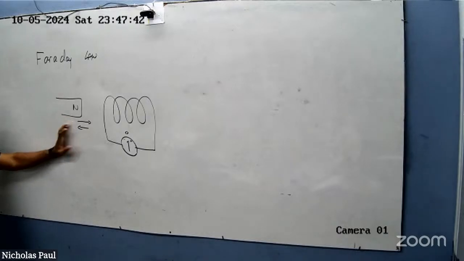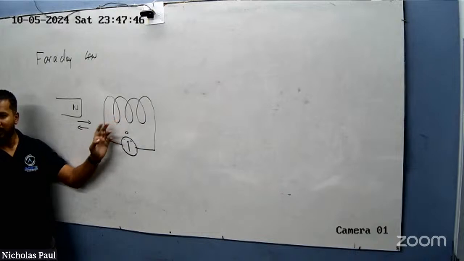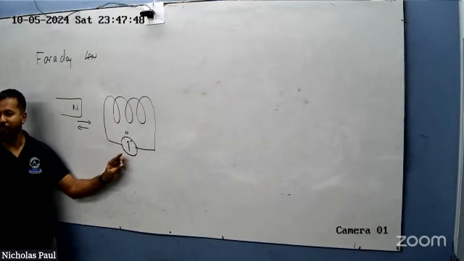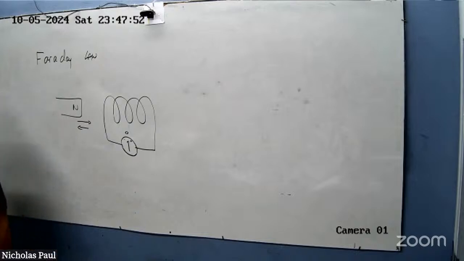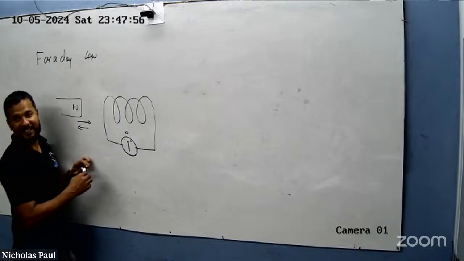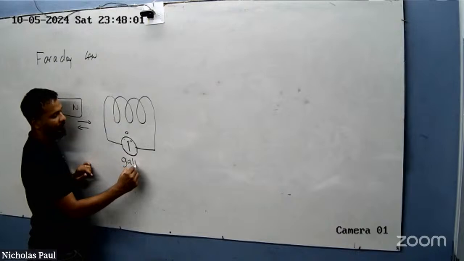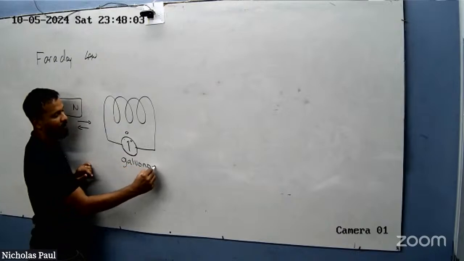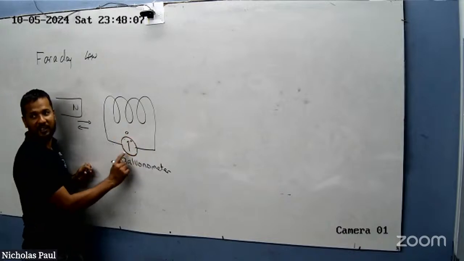The faster the magnet moves in and out of the solenoid, the greater is the deflection on the galvanometer. For those who weren't paying attention, this thing here is a galvanometer.